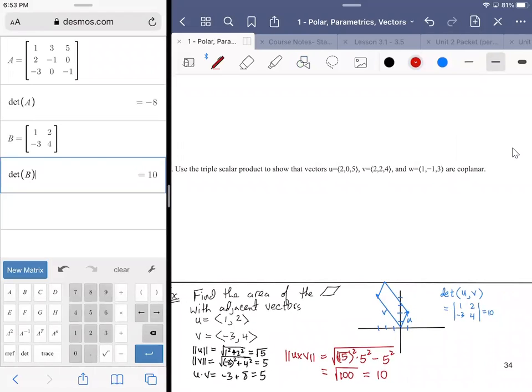All right, so just by finding the determinant, we're able to make the determination of the area of that parallelogram without doing anything involving the magnitude of the vectors, the cross product of the vectors. All right, but there is a connection between the determinant and the magnitude of the cross product.